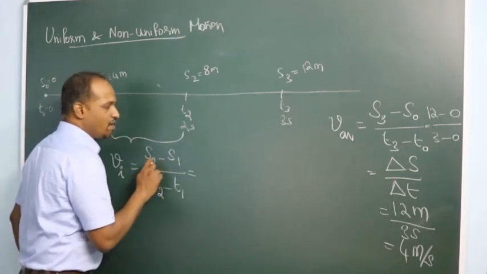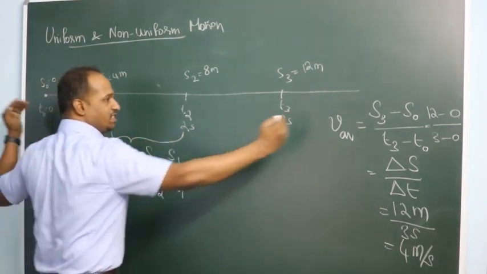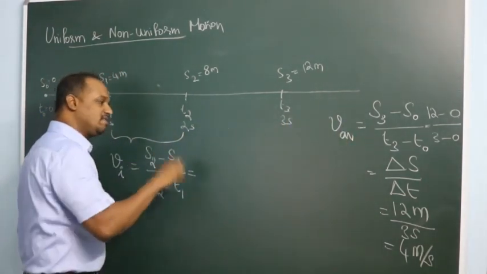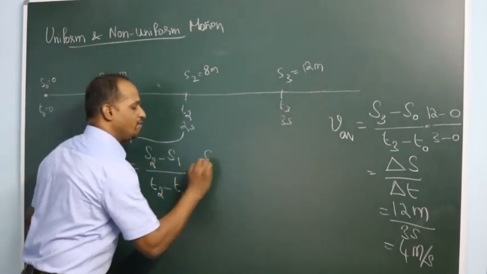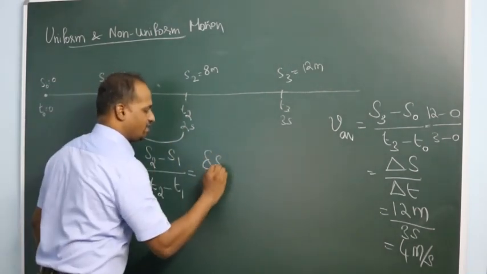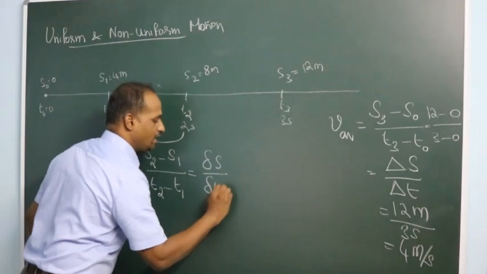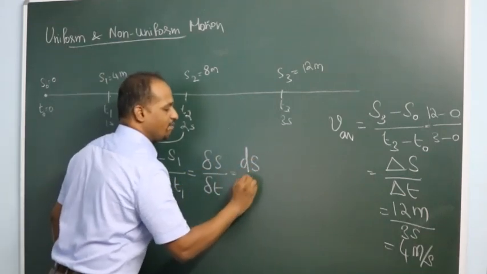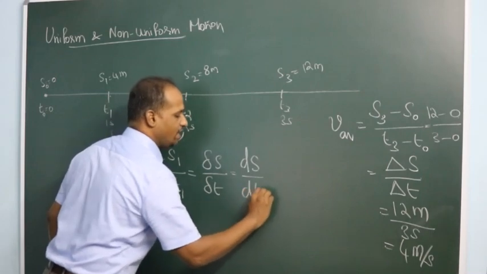So what is this S2 minus S1? Change in position. Because it is a small change in position for the entire motion, the small change in position is referred to by the small Greek alphabet delta, which is d. So delta S can be written as dS by dt.